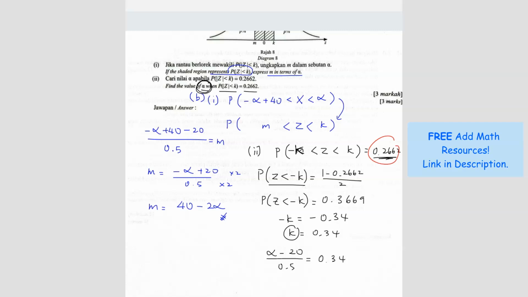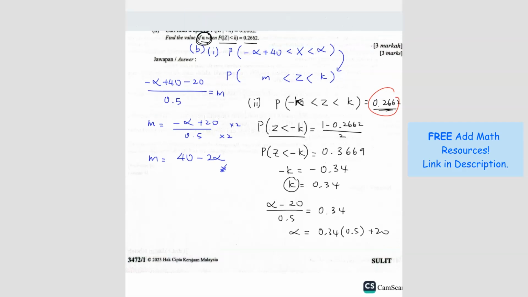So rearrange this: alpha minus 20 equals 0.34 times 0.5. I'm just going to straight away do this. Alpha equals 0.34 times 0.5 plus 20. So you can get your answer, alpha equals 20.17.